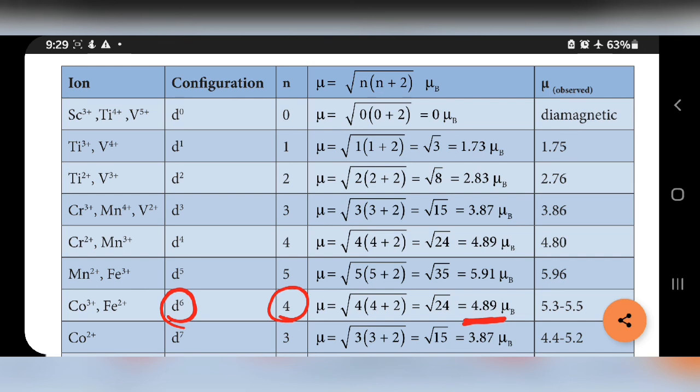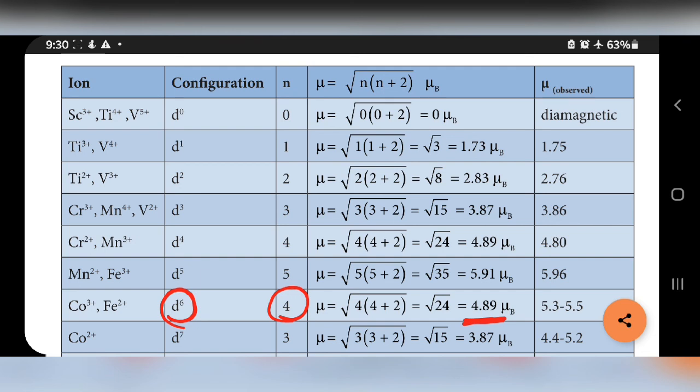From that formula only we got root n into n plus 2. So in this table, by using the root n into n plus 2 formula, we calculated different magnetic moment values for different ions.